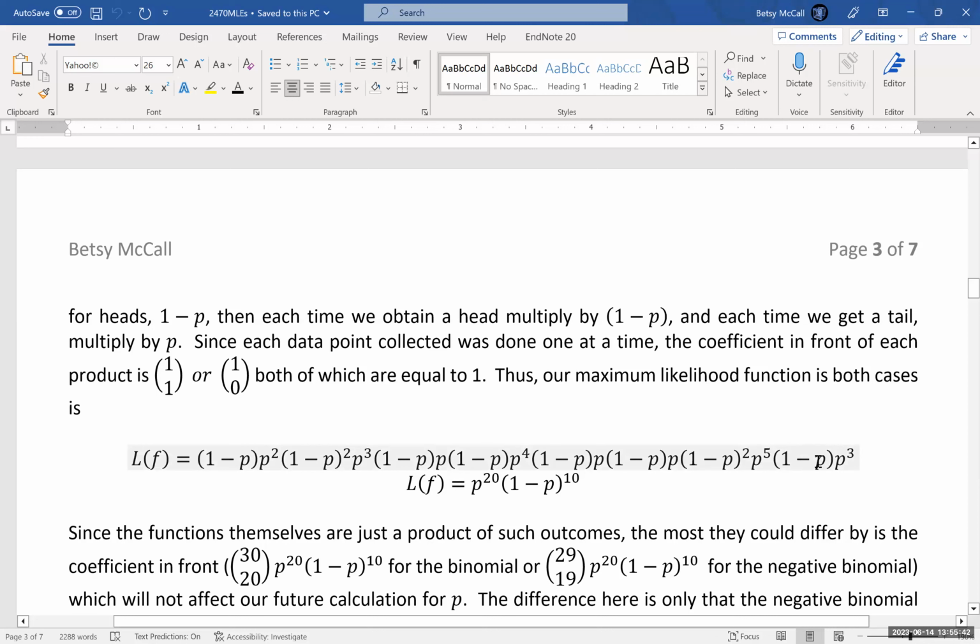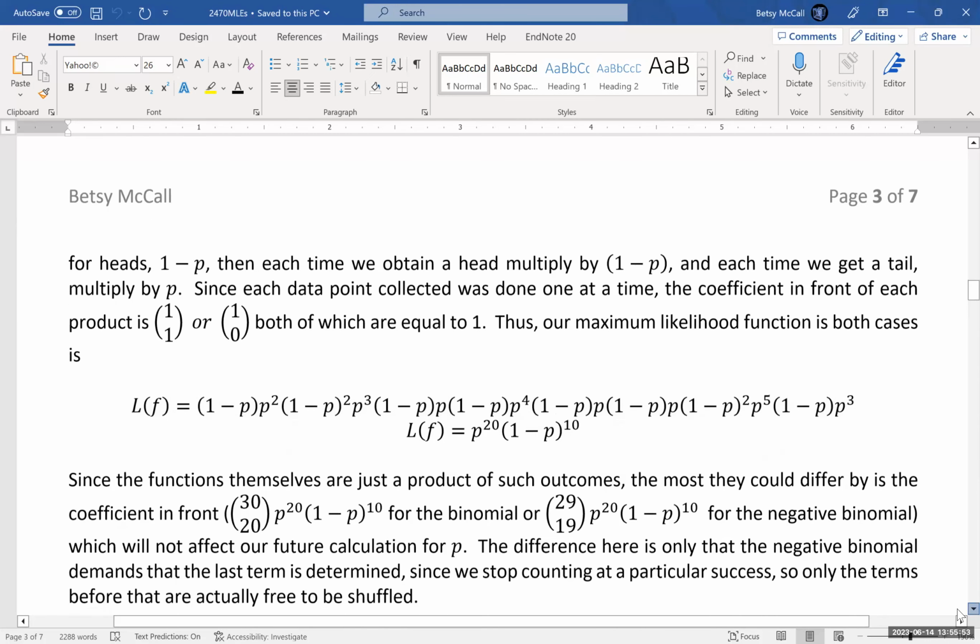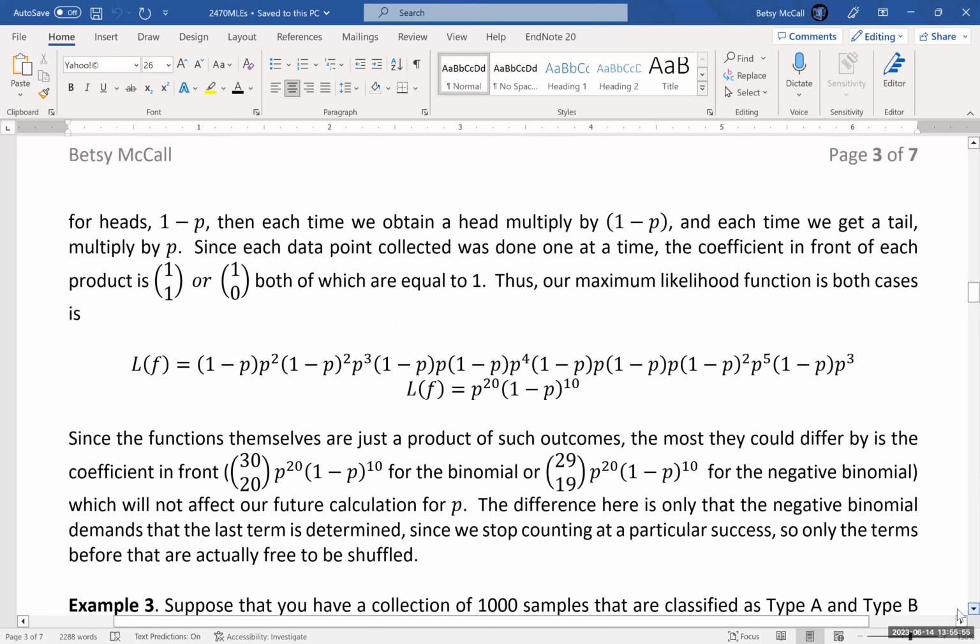And that's our 30 outcomes. And again, if you multiply this together, what you end up with is p to the 20 and 1 minus p to the 10, which looks, again, an awful lot like our binomial and negative binomial distributions, except without the coefficients.